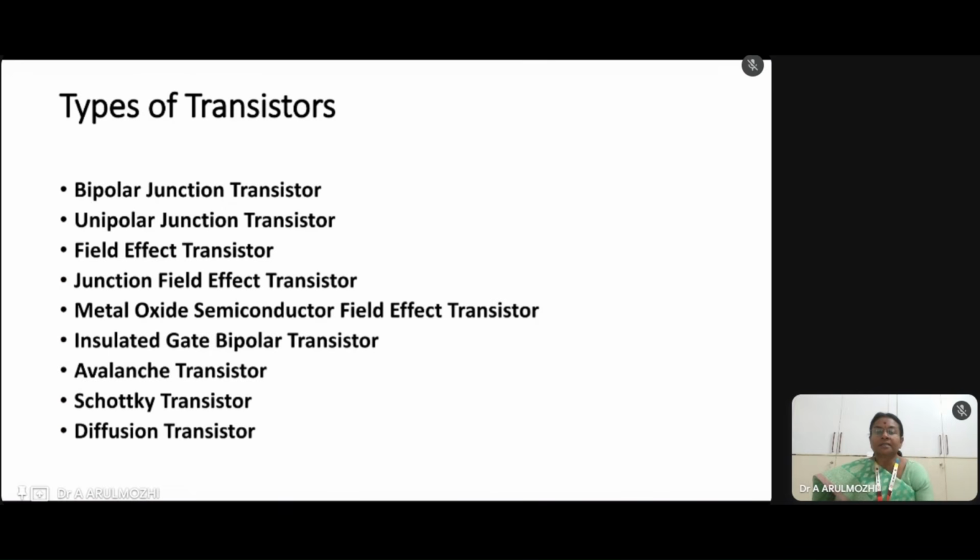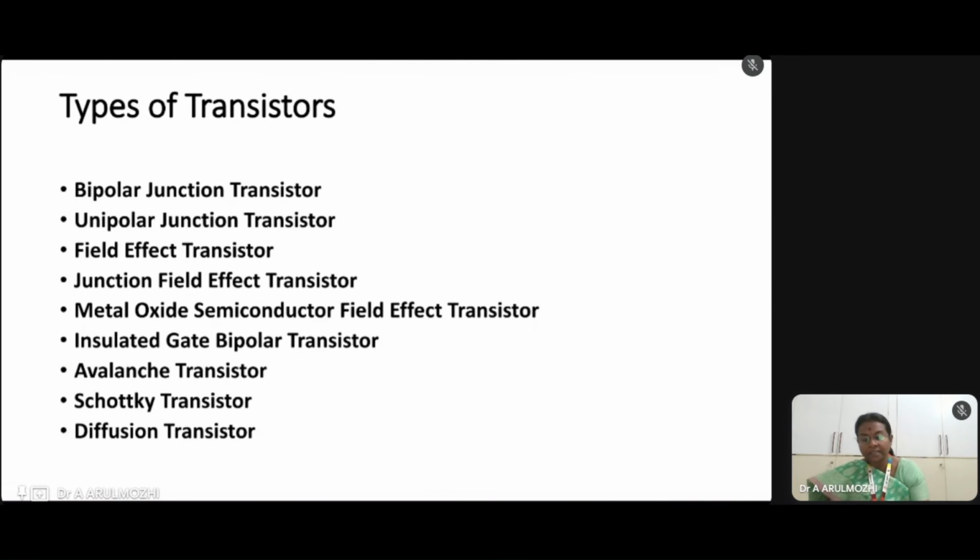What are the types of transistors? First one is bipolar junction transistor. Second, unipolar junction transistor, field effect transistor, junction field effect transistor, metal oxide semiconductor field effect transistor, insulated gate bipolar transistor, avalanche transistor, Schottky transistor, diffusion transistor.